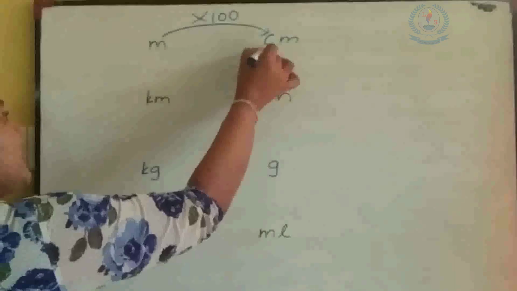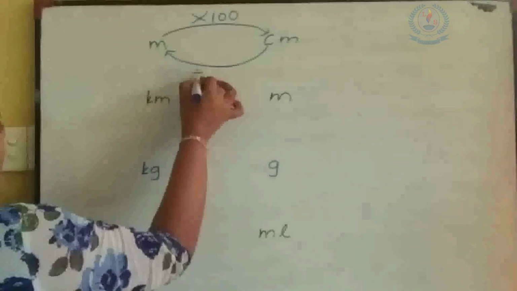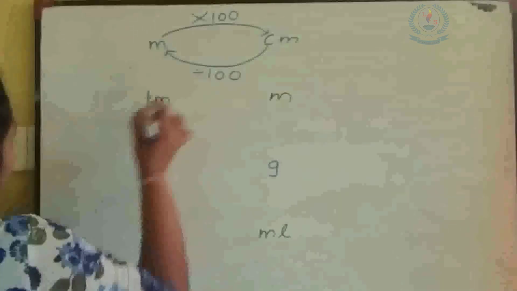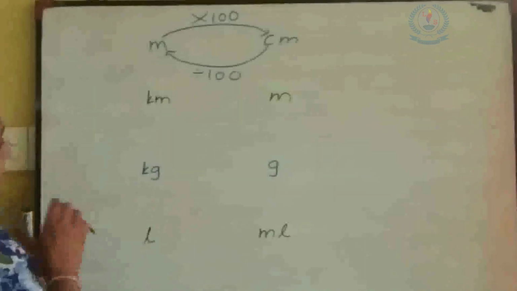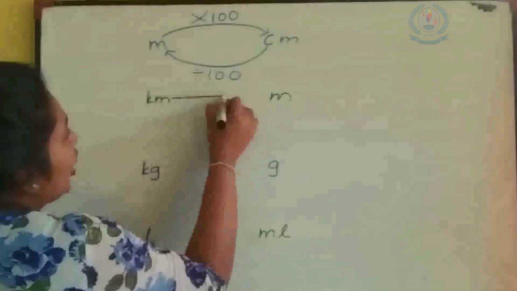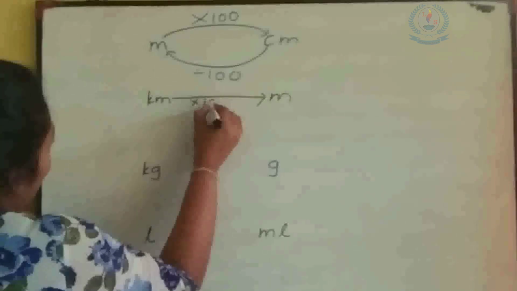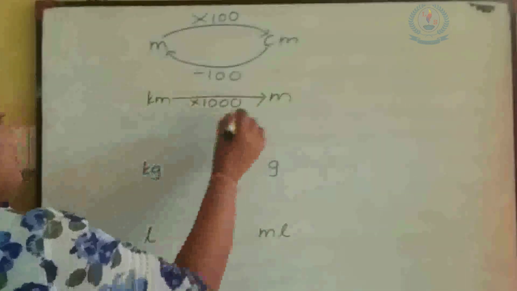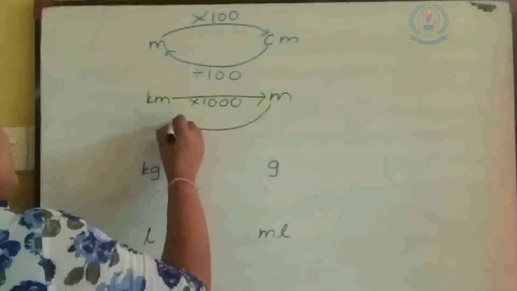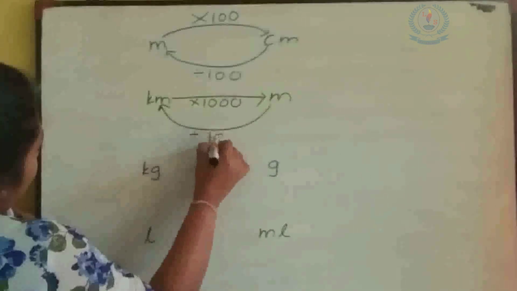When we are converting a centimeter value to meters, we have to divide by 100. Then I am going to the second one, kilometers and meters. When we are converting a kilometer value into meters, we have to multiply by 1000. When we are converting a meter value into a kilometer value, we have to divide by 1000.